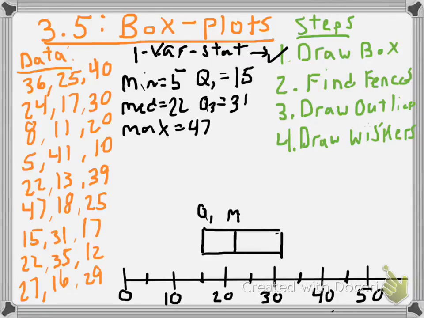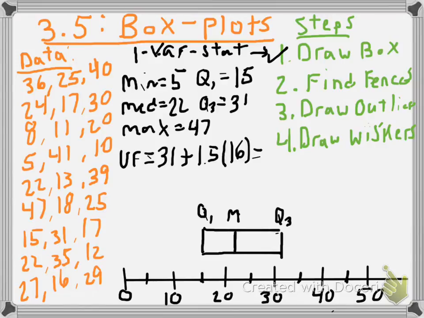Now on step 2, we're supposed to find the fences. We have a formula for them. The upper fence, UF, is always Q3, 31, plus 1.5 times the IQR. Well, the IQR is the difference between Q3 and Q1. That's 31 minus 15, so that's 16. So 1.5 times 16.